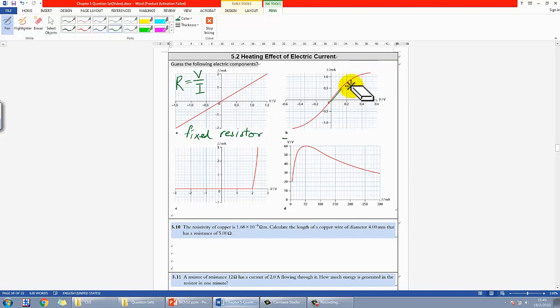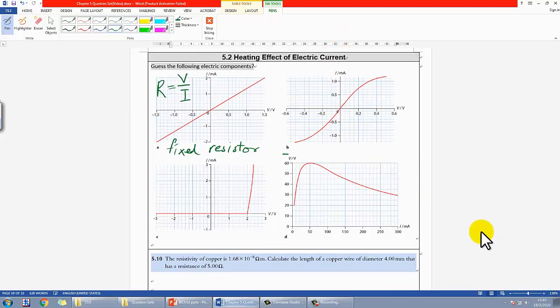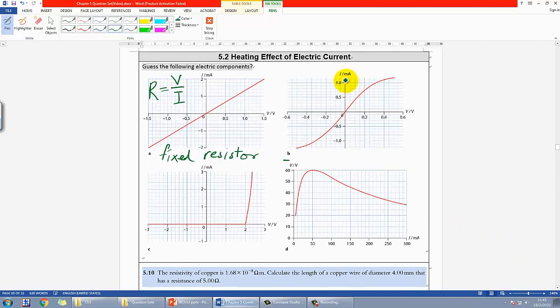The actual way to see this resistance, let me zoom in a bit more, should be looking at a certain point, and then you try to draw a line from the origin, and then evaluate its slope. Instead of looking at the instantaneous, tangent slope, you have to look at the particular point you want to find.